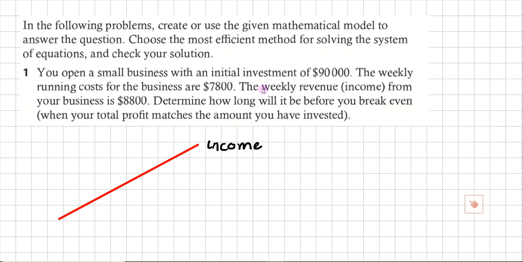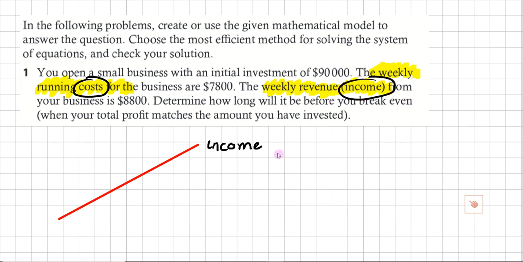So we need to look at that and say, right, my weekly revenue from income, my weekly income, and then we've got, notice, the weekly running costs for the business are 7,800. So we've actually got income and costs.